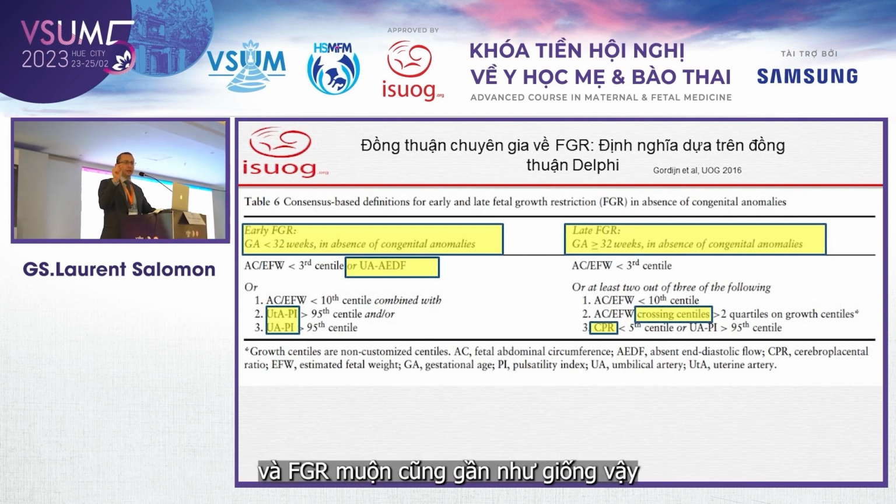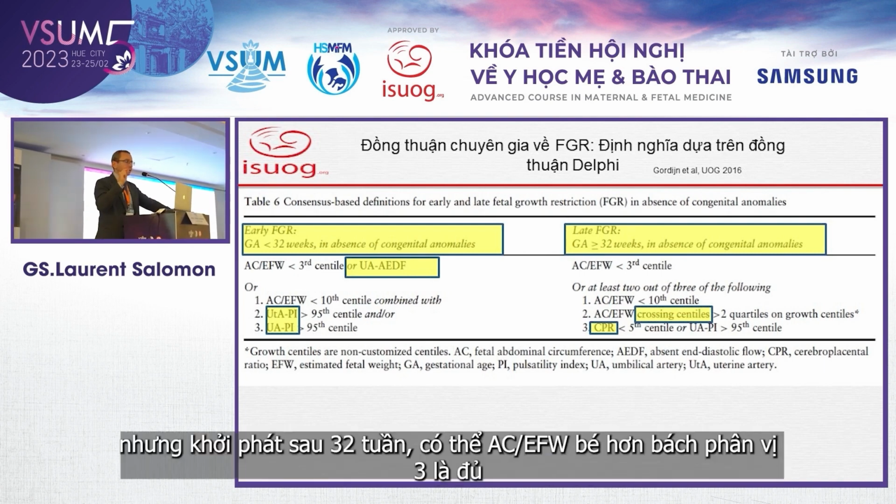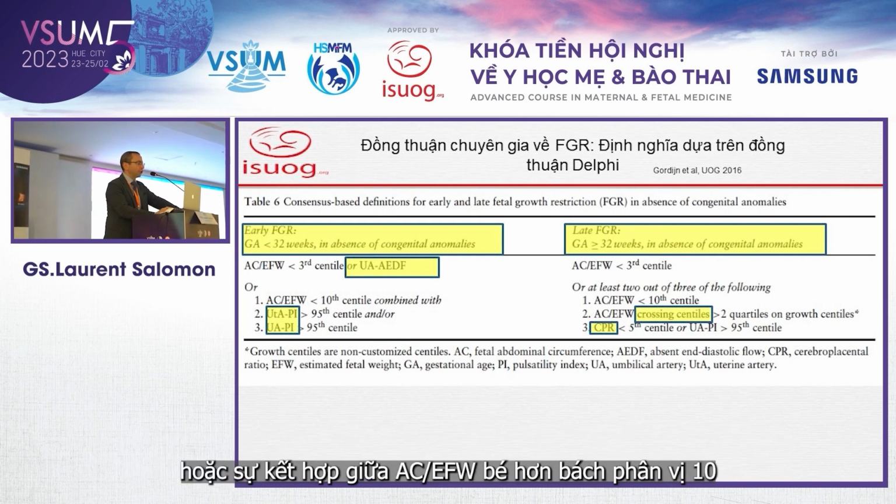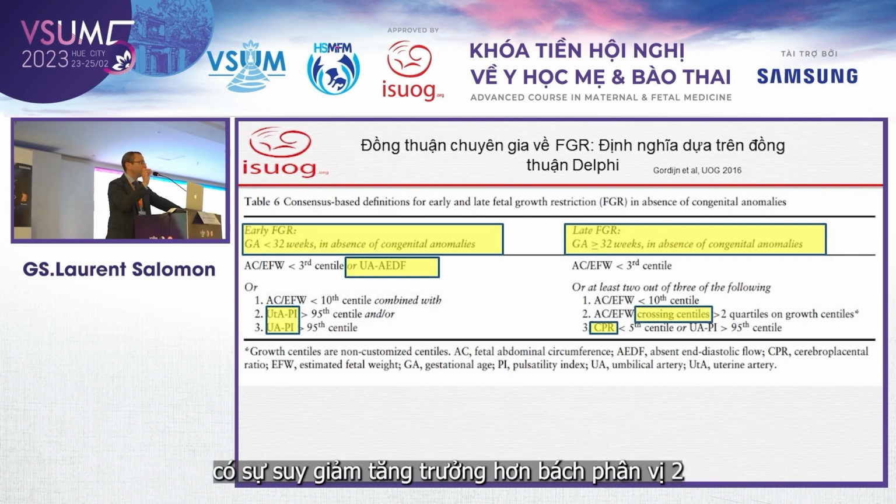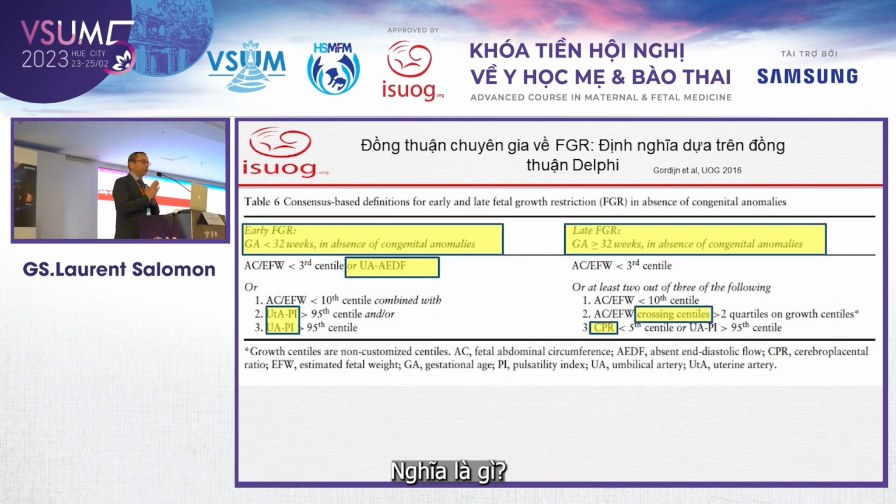And late growth restriction is almost the same, but it's after 32 weeks. It could be either being below the third centile, it's enough, or a combination of being below the 10th centile and having a decrease in fetal growth, a decrease of more than 2 quartiles. What does that mean?